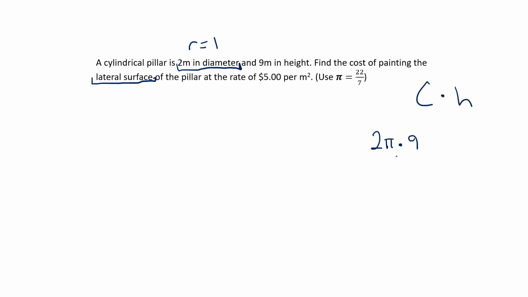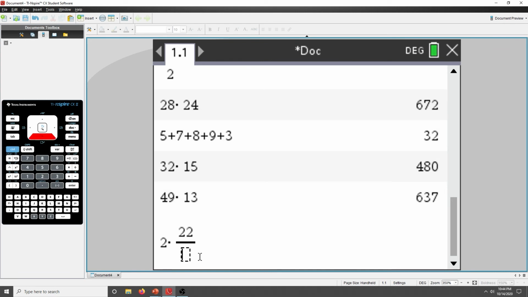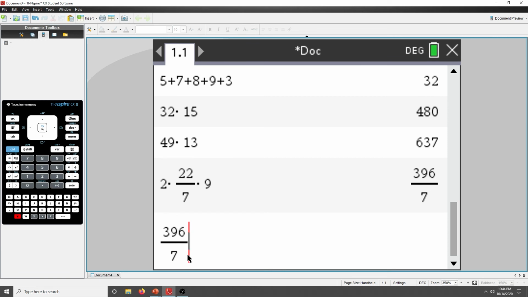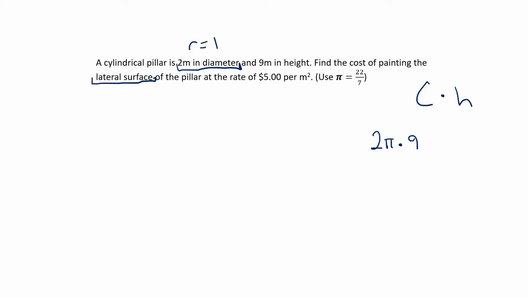But it says use 22 over 7 for this, so when we go plug it in the calculator, I will. 2 times, control divide, 22 over 7 times 9. That is, in square meters, our area. Now, you probably want that in a better looking form, so you want to do control enter to get that, because we have to multiply it times $5 per square meter.